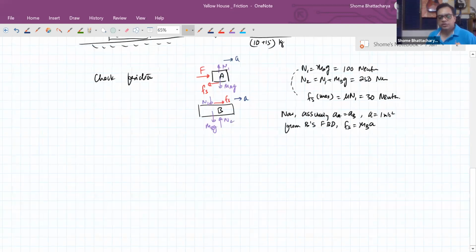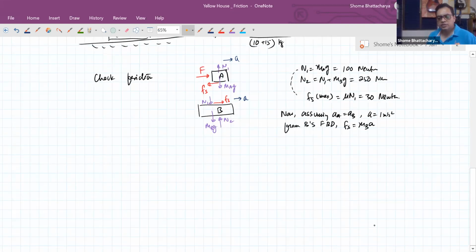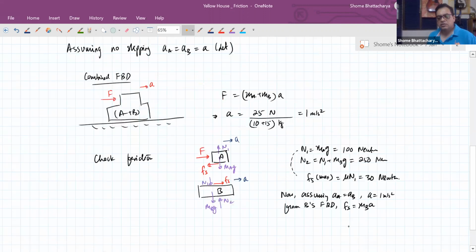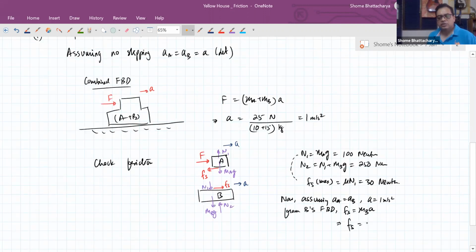For this amount of friction required, the value is coming out to be 15 into 1, or 15 newtons only. Now check this against the maximum friction that is available. This much friction is needed, whereas this much friction is available. This is the maximum friction available.